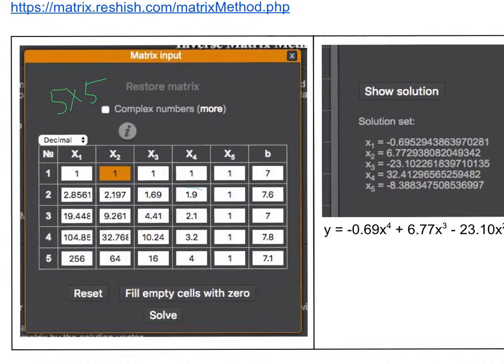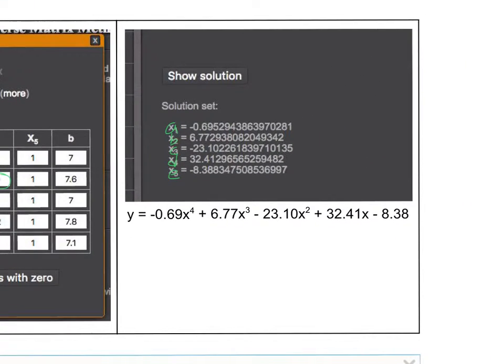You notice that again I had a 1.9, which should not be there, but that's okay. And what we did was we then solved this matrix, which gave us values for A, B, C, D, and E.